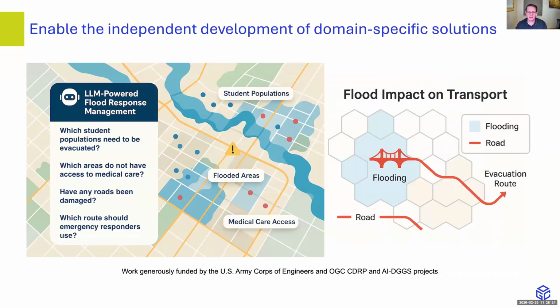So our work has been funded in the context of disaster response. In addition to the AI-DGGS project, we participated in the OGC Climate and Disaster Resiliency pilots. And so our mission was to try to develop methodologies for leveraging spatial data infrastructures and turning geoinformatics data from them into a format that could be consumable by large language models, with the objective to give users the ability to ask ad hoc and on-demand questions that require knowledge of how these different features are related to each other, so semantic networks of features.